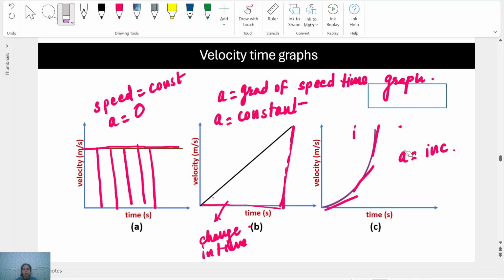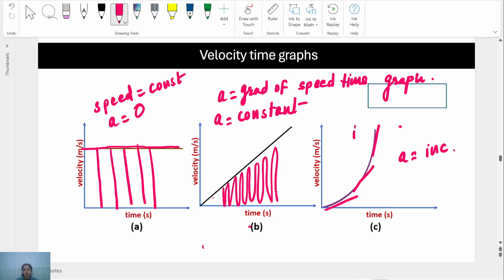There are already so many things to know. Why unnecessarily give you many things which you don't need? So just know that the area under the VT graph, this area here, gives the distance traveled.